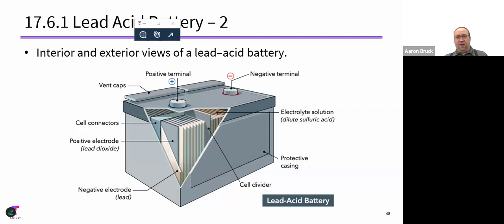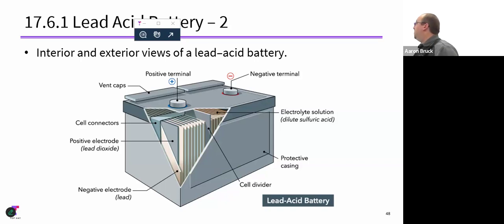And so if we break this kind of apart here, we can see this is more or less a mock-up of what most car batteries look like. And you can see you've got your plates here. You've got your acid solution that's kind of swimming around in it. These bands inside are connecting all the plates together so that they run in series.